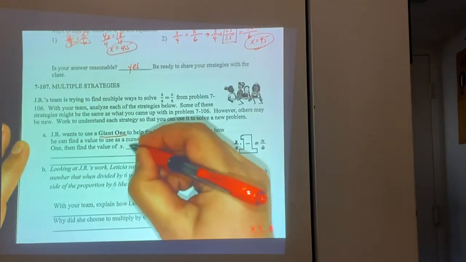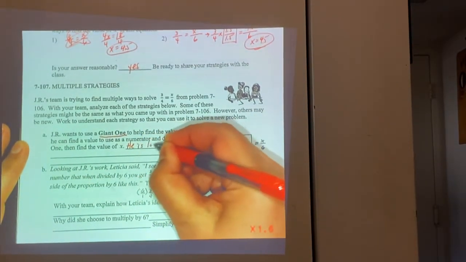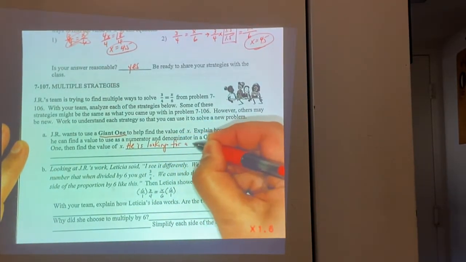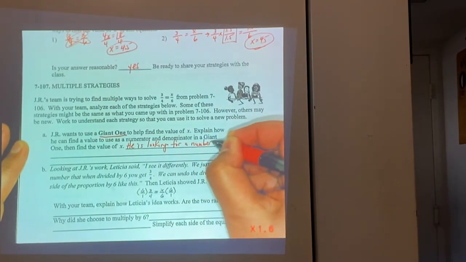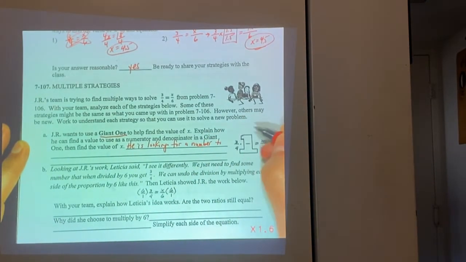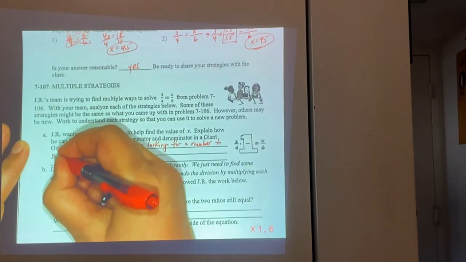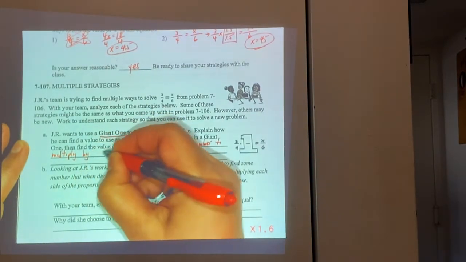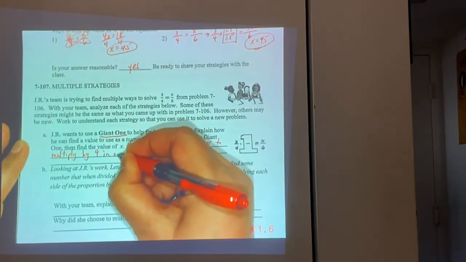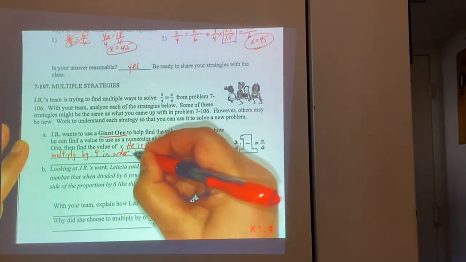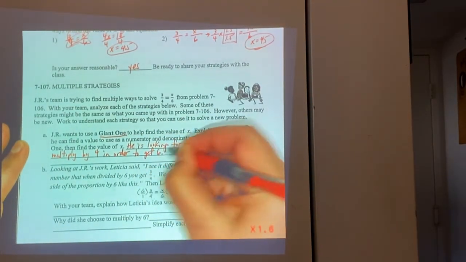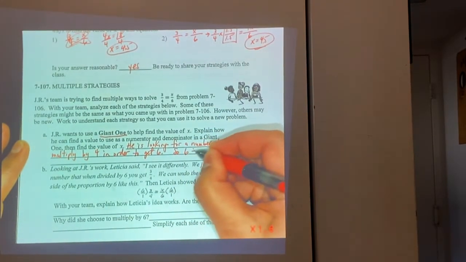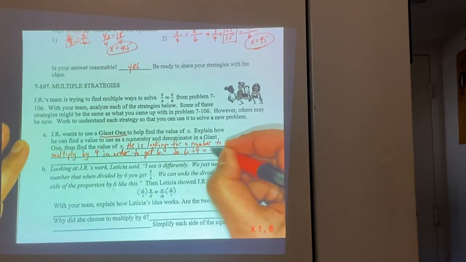He is looking for a number to multiply by 4 in order to get 6. So you do 6 divided by 4 equals 1.5.